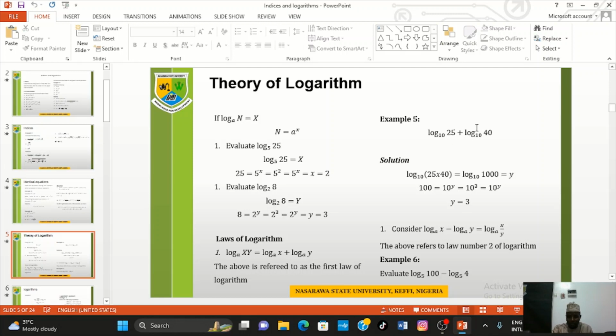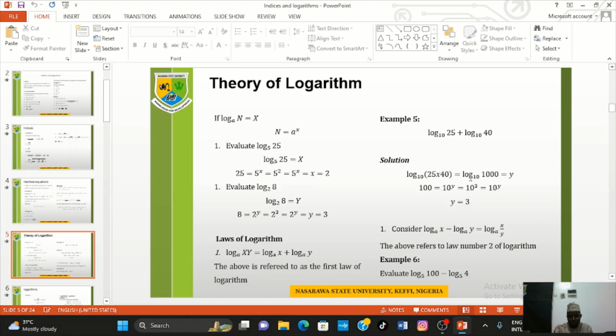So we can rewrite this one as follows. Since the base is the same, you pick one of the bases, that is log to the base 10, of 25 times 40.